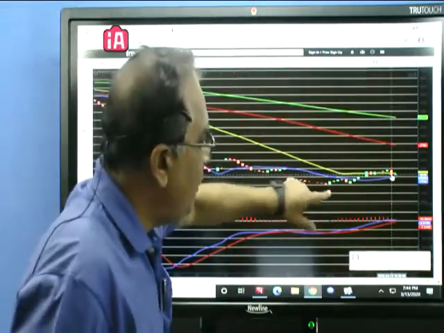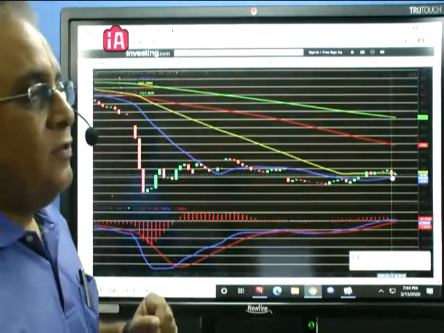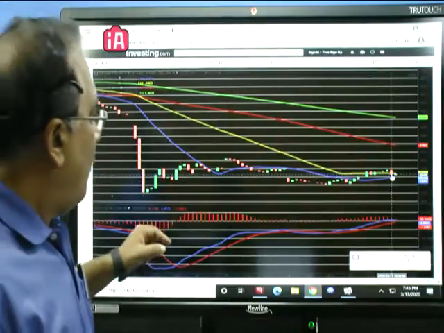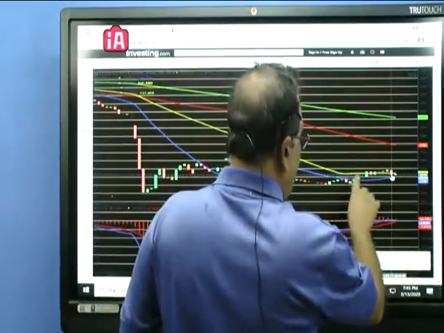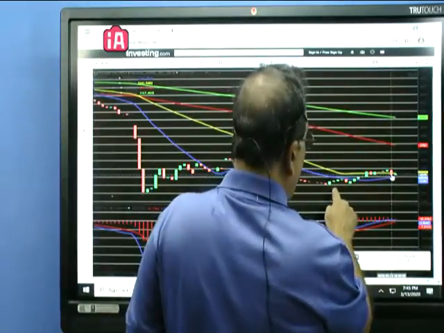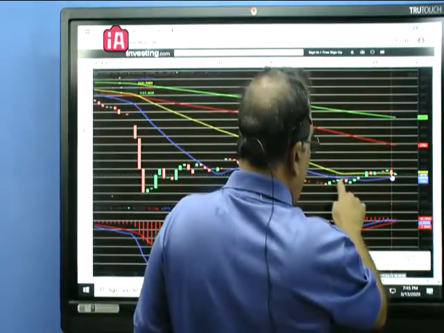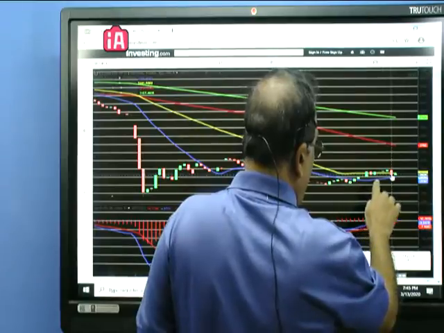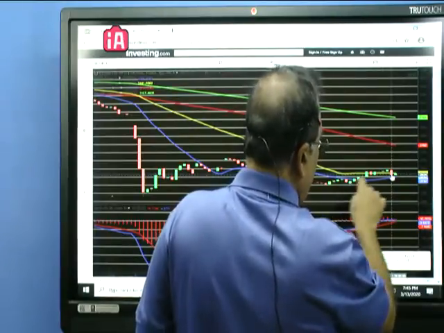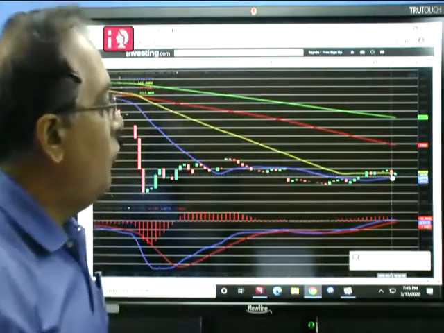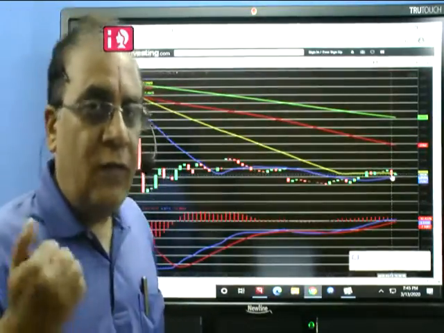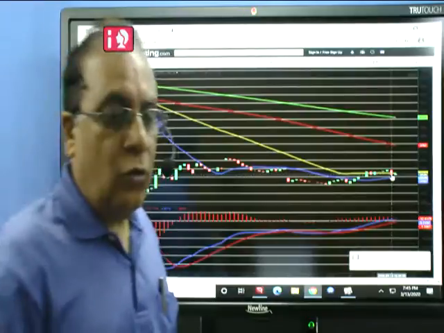If this particular low is broken, then what was developing as a mild uptrend in the hourly chart over the last day, with higher tops and higher bottoms from yesterday, will get broken. So the trend will be on the downside if 2403 is broken. That is the crude trend.